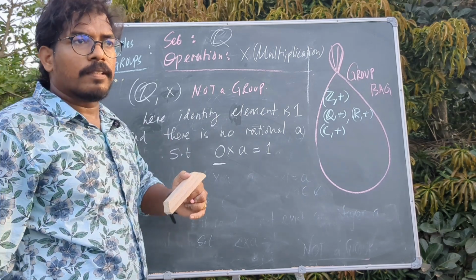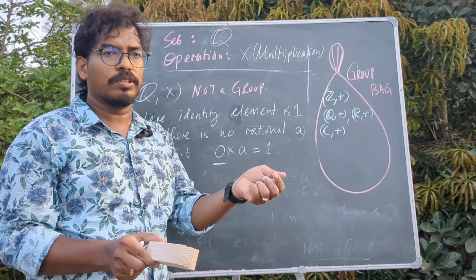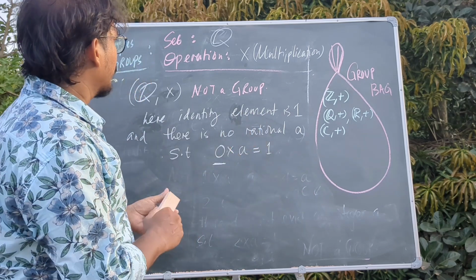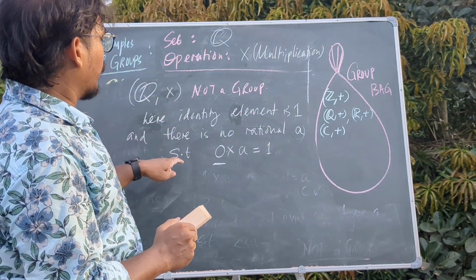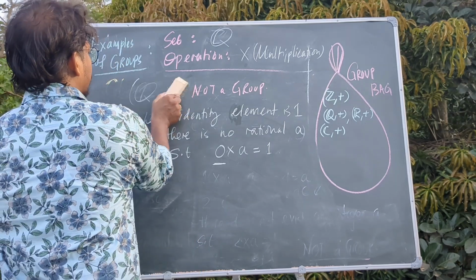Sometimes in mathematics it works if we remove the disturbing element which is making the problem. So let us see if we remove 0 from this set, will it form a group or not.